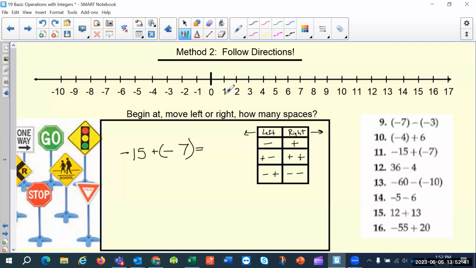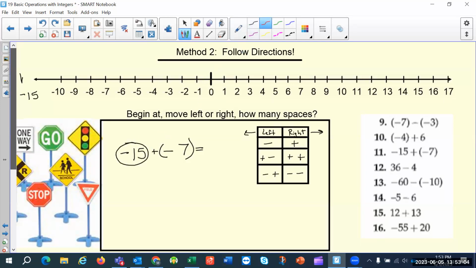Okay, hopefully you hit pause. You took some time, you worked it out. So let's see if we get the same thing. I want to start at -15. That's way down here somewhere, -15. Now, I can know it's there. And write a little neater. So -15 is down here. That's where I'm starting, right there at my first number.